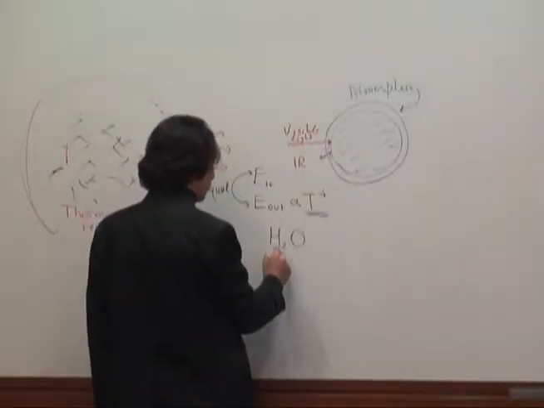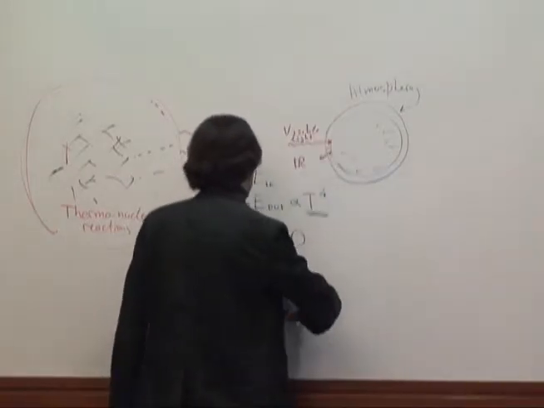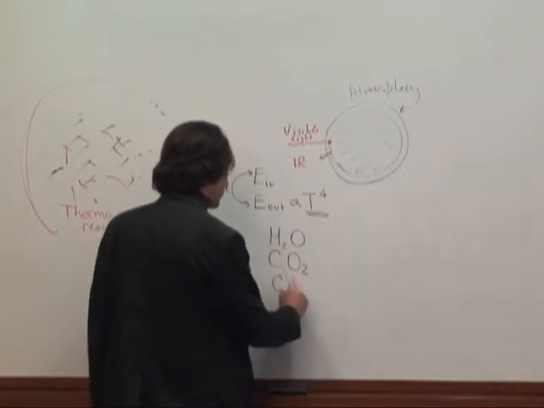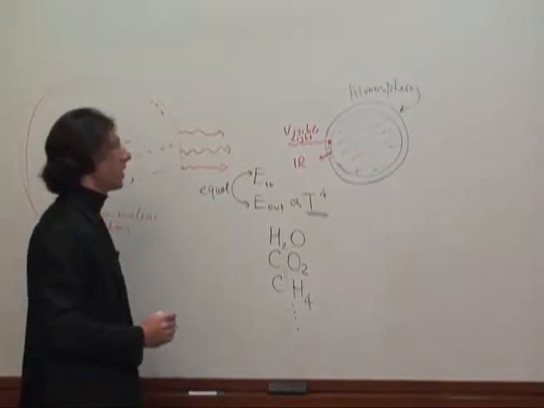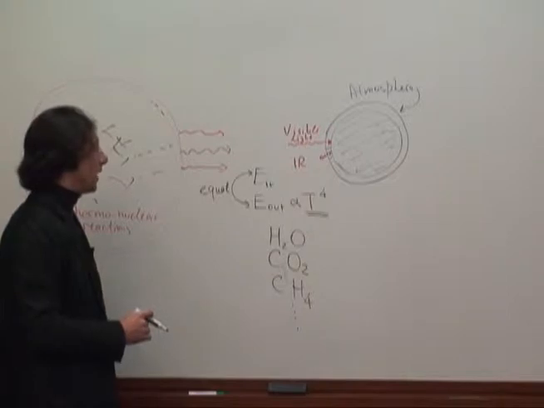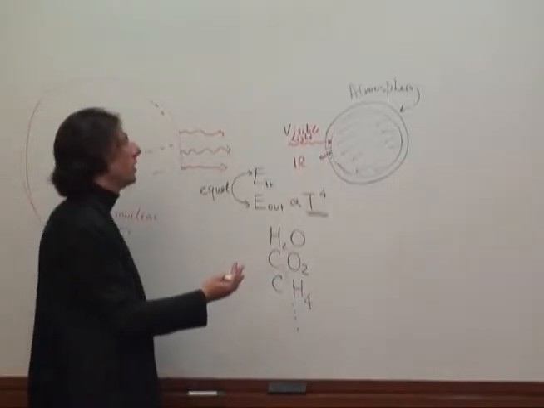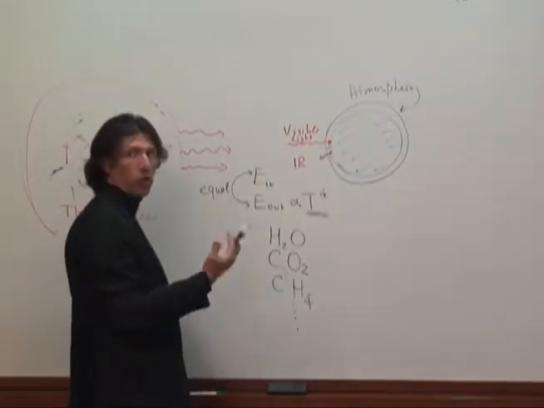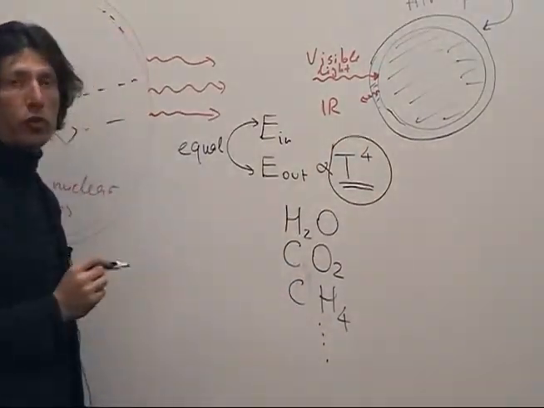The next important contributor is CO2, carbon dioxide. And then there are other asymmetric molecules, such as methane and other gases, that determine the transparency of the atmosphere. If the amount of some of these gases is changed, the balance between the energy going in and the energy going out can change, and that will result in the change of global temperature.